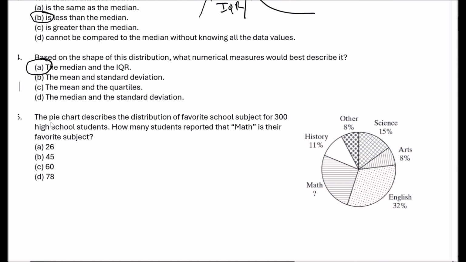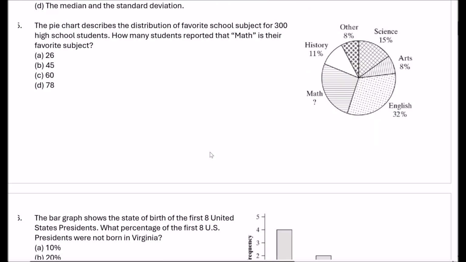The pie chart describes the distribution of favorite school subjects for 300 high school students. How many students reported that math is their favorite subject? First we have to figure out the percentage of math. In a pie chart, the percentages add up to 100, so we add these up: 11 plus 8 plus 15 plus 8 plus 32 plus x equals 100.